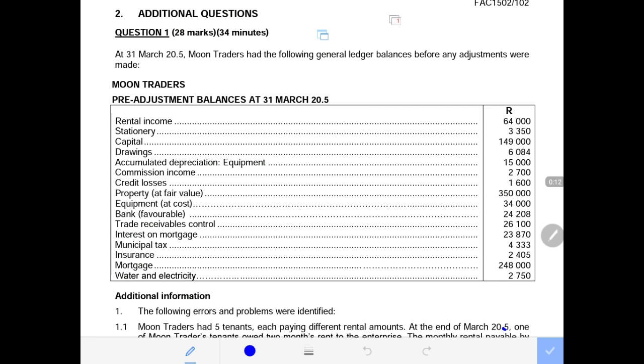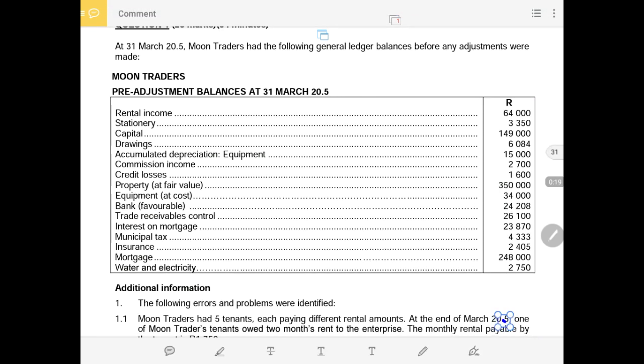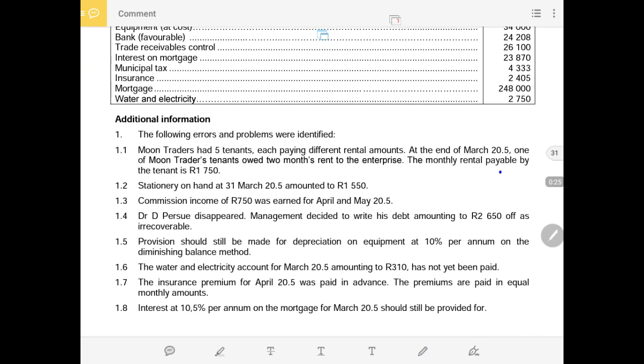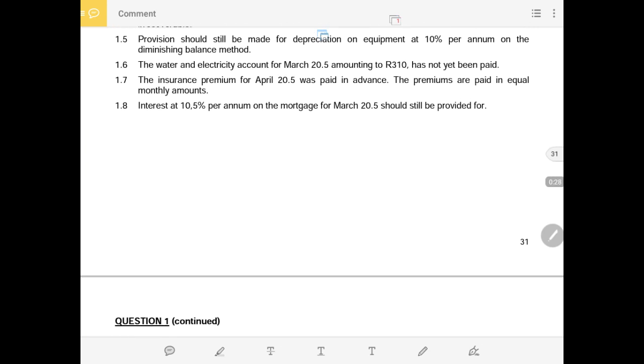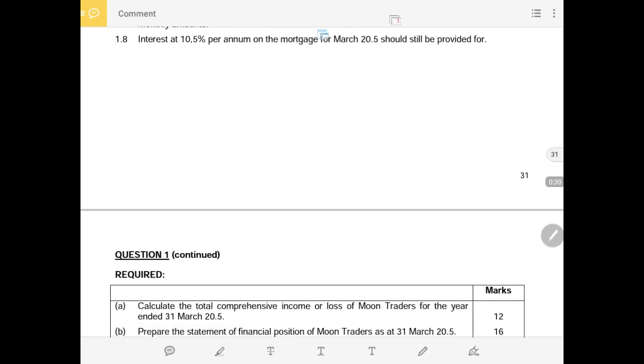Now, question one, under the additional questions, this question is on the financial statements. And as usual, it is my norm before I record sometimes that I start looking at what is required first.